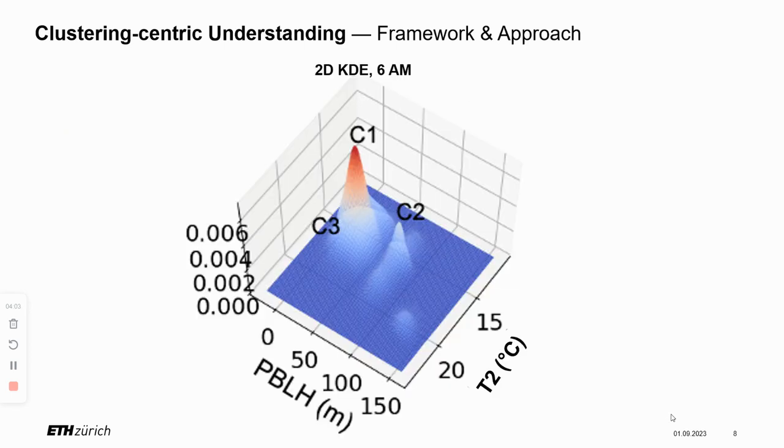Here I'll give a little illustration of the Gaussian mixture model clustering approach. As I said, we perform the clustering using the newly established data set, the planetary boundary layer height and T2. Here we see two clear peaks: that's component 1, and that's component 2.